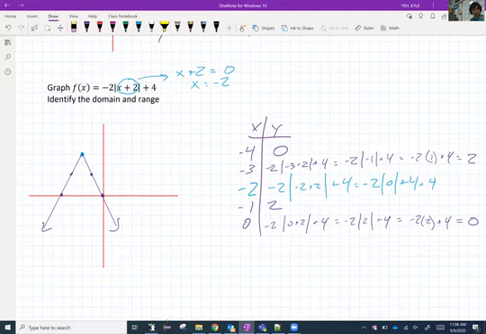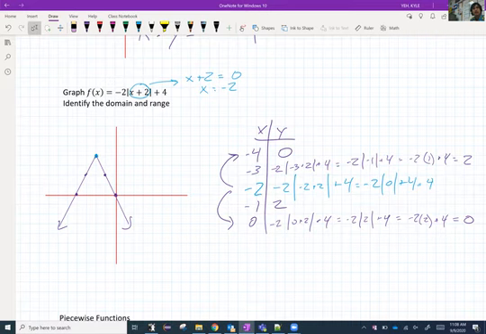I plugged in 0 and worked it out, and eventually I saw that when x is 0, y should be 0. Plotted it on the graph, and since I went 2 to the right and got 0, I knew I could go 2 to the left and also get 0, -4, 0. Had my 5 points, drew my absolute value. There we are. What is the domain?